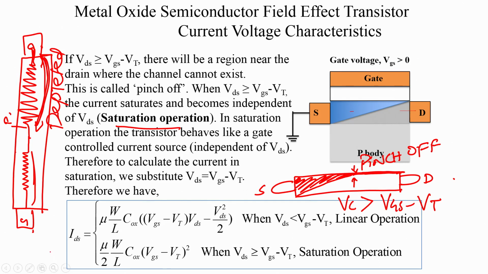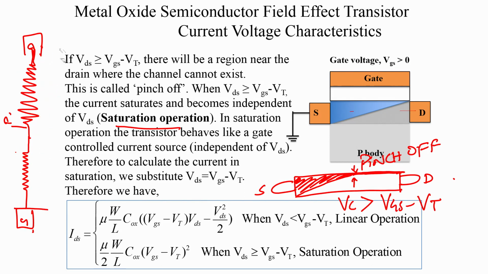So, what happens to the electron current? You have a large number of electrons. Qn is larger, and then Qn becomes 0 beyond this point. Look at the electron traffic. You have a large number of electrons moving at low electric field all the way till the pinch off point, and then after that the electric field is very large, but there are not many electrons.